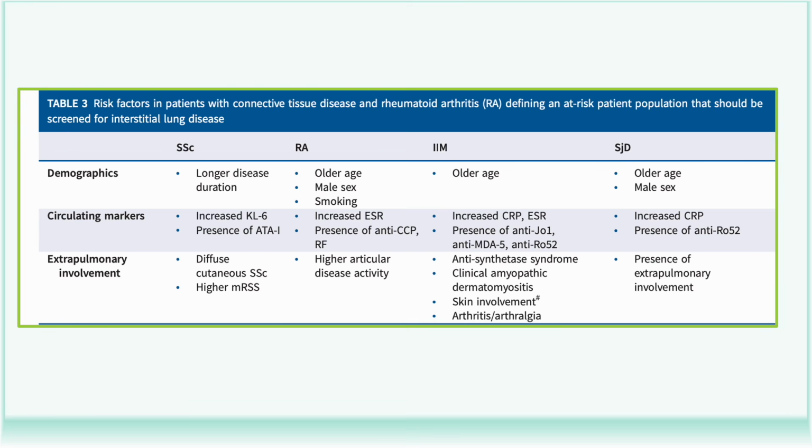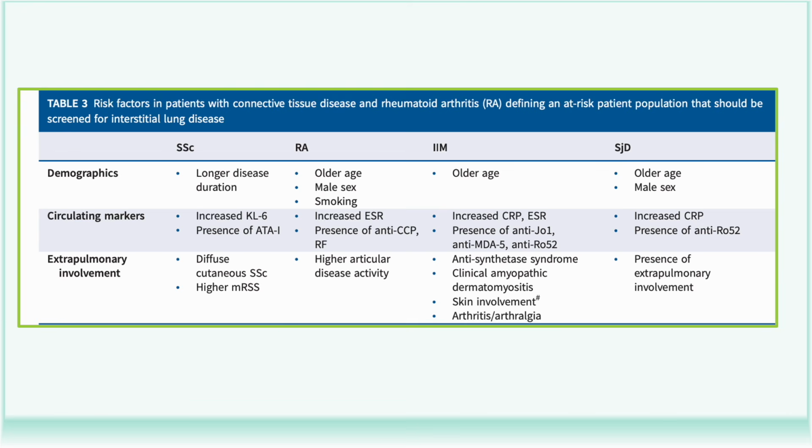So if I were to read it briefly, when you're looking at a systemic sclerosis patient, the longer the disease duration, if your patient is within the 5-year interval, you would want to ask him to undergo a CT scan to find out if he has a concomitant ILD. If your patient has higher circulating markers, and this includes the presence of KL6, which is being used more often nowadays as a screening tool for ILD, a biomarker, and the presence of ATA1.